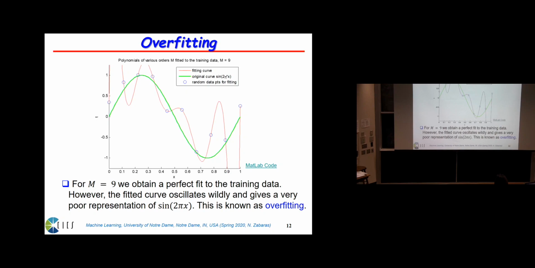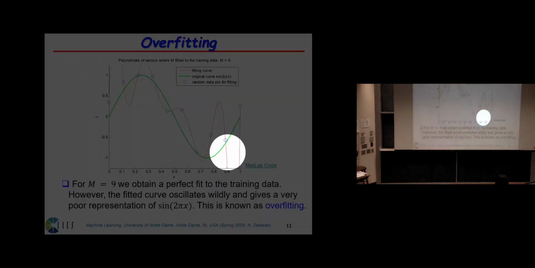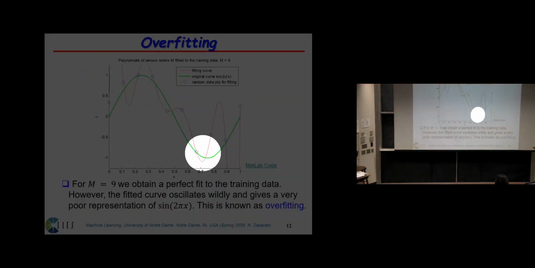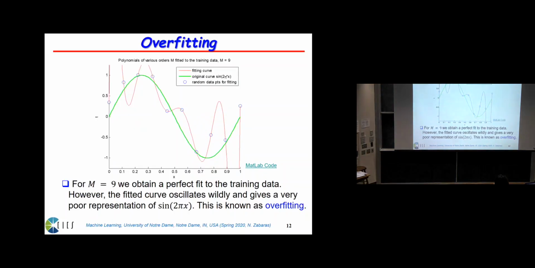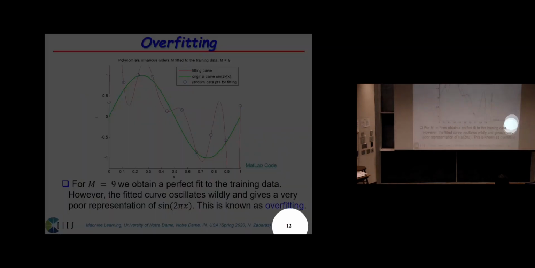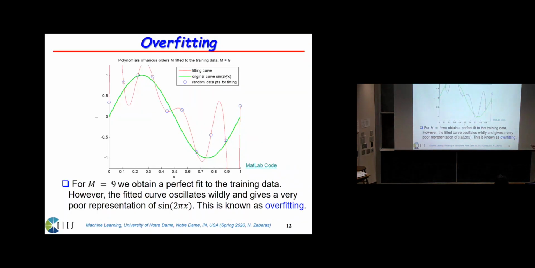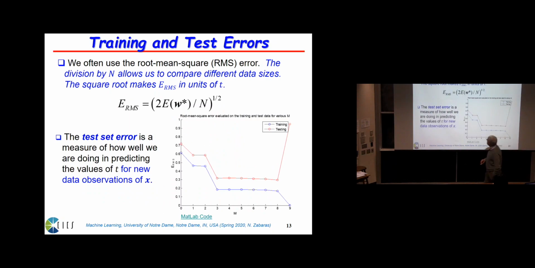But something like that, if you try to do predictions, the predictions will be garbage, because this curve that you computed here really doesn't fit the function well. What it does is it fits the points accounting for the noise in each point, okay? And the noise is not something we really need to fit. So this is what is called overfitting. So remember, m equal to 9 is really bad.